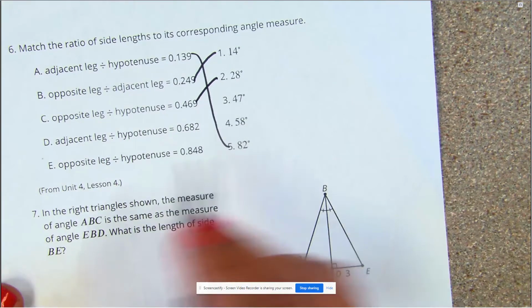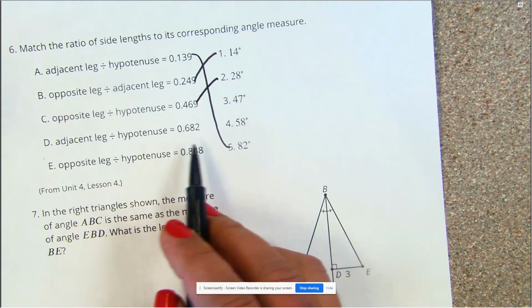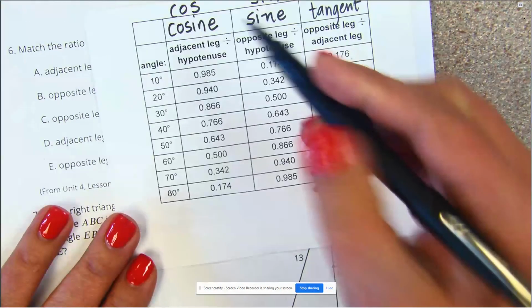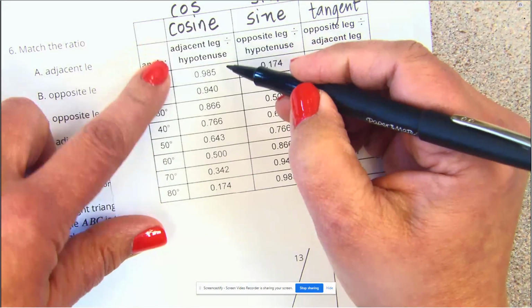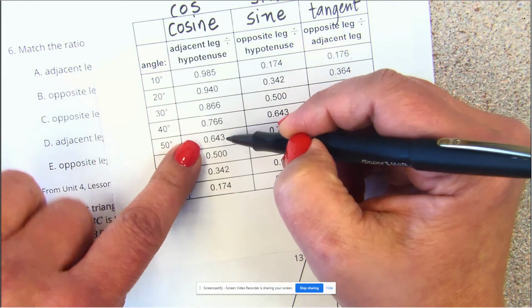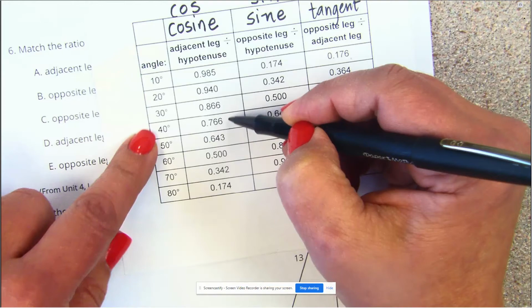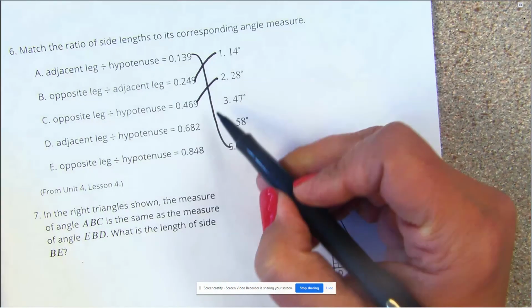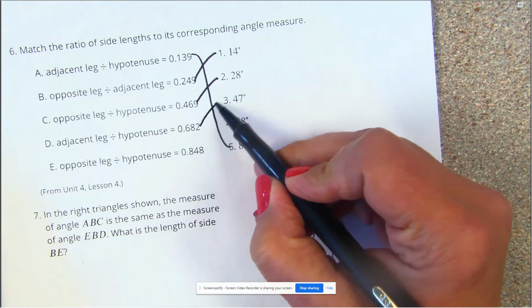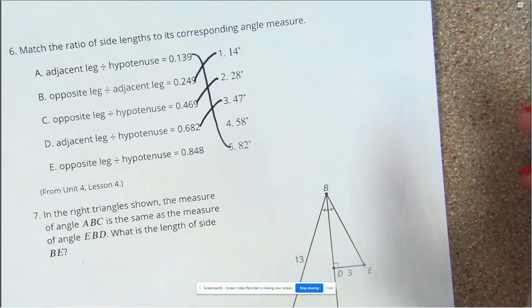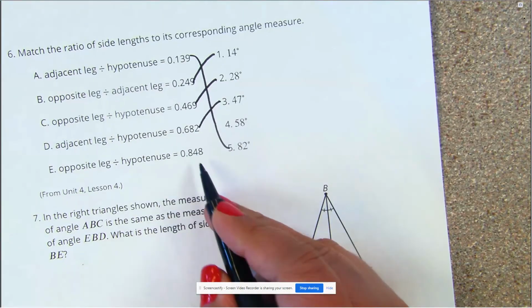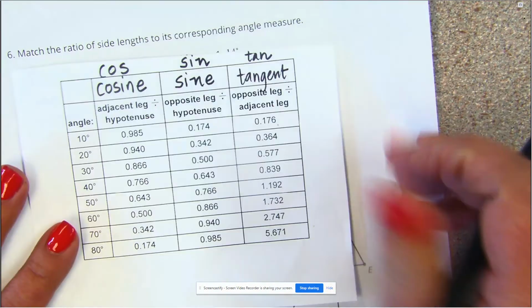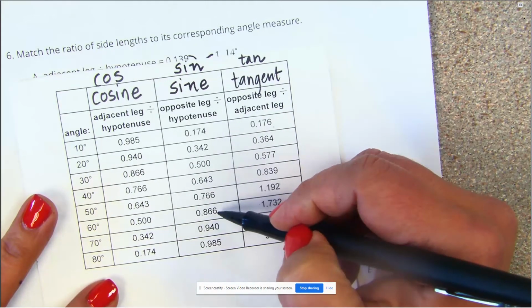Adjacent over hypotenuse of 0.682. That's going to be between these two. So between 40 and 50. And then opposite over hypotenuse, let's just make sure this is right, of 0.848.